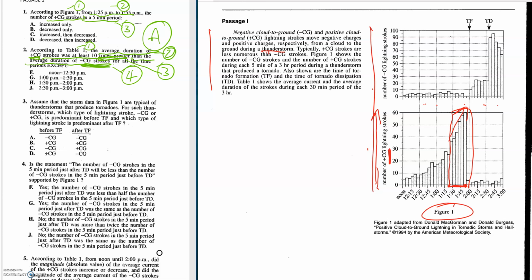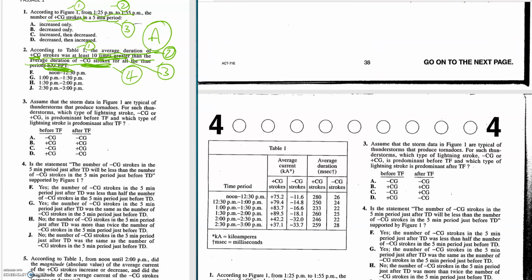So there's 4 steps for all the time periods except. So it's going to be true, and then we're going to find the one where it's not true. They like to put in that little except. So we're going to find what one was it not true for.